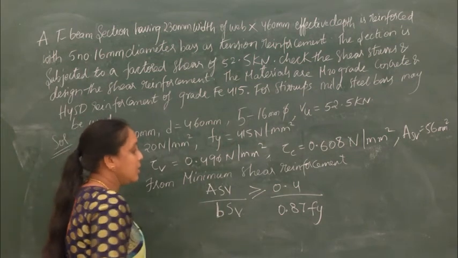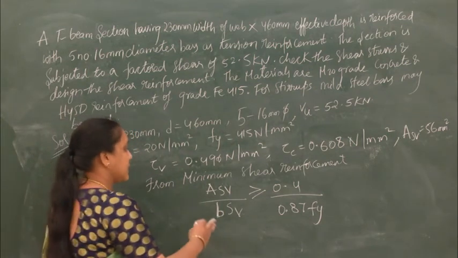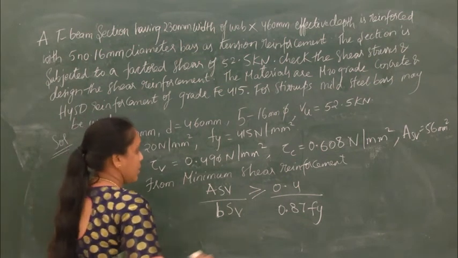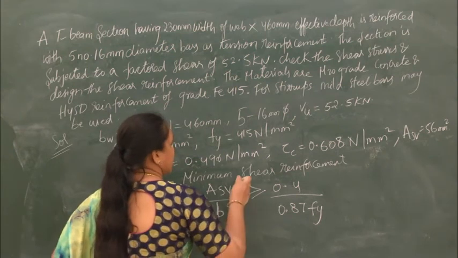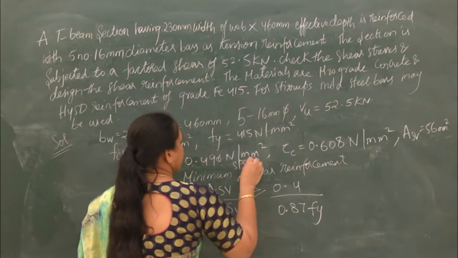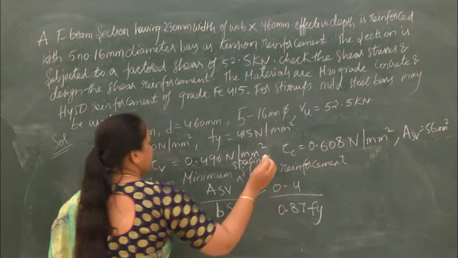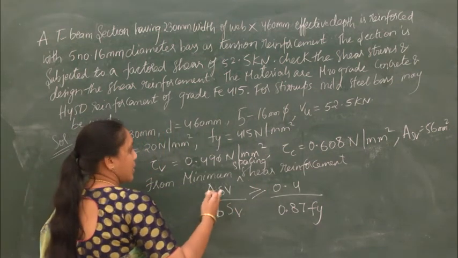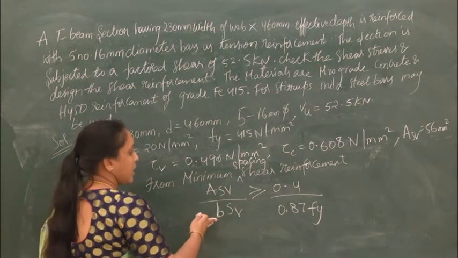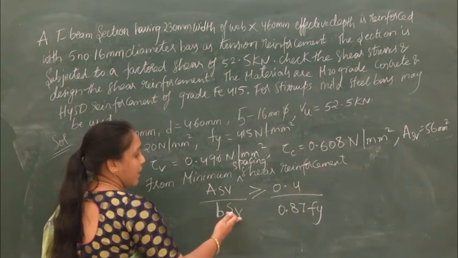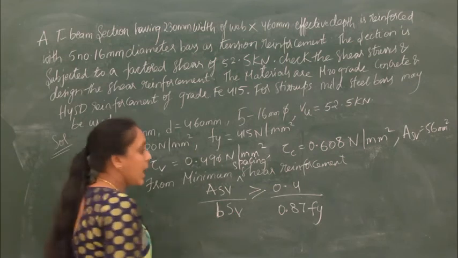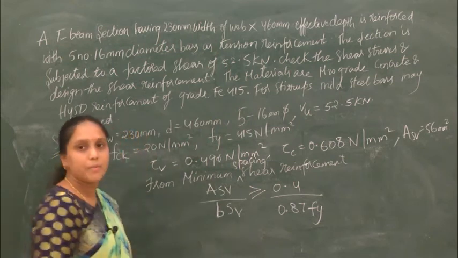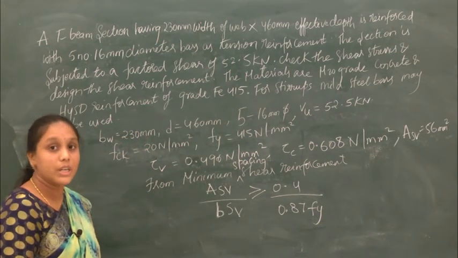So this is the formula for calculating the minimum spacing for shear reinforcement. We have known all the values. We know ASV, we know B, and we have to find out here the SV. And the grade of steel is also known. Here the grade of steel should be the grade of steel that you are using for the stirrups.